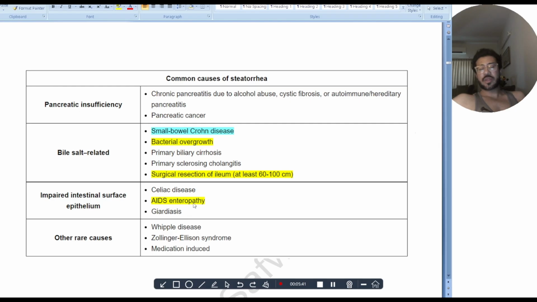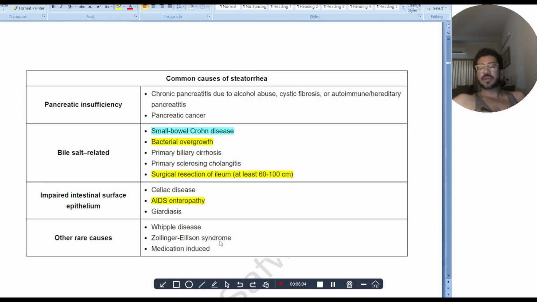So AIDS enteropathy is also one of the reasons, but giardiasis and celiac, these are the high yield ones. Other than that we have Whipple disease, which is caused by Tropheryma whipplei, which is a bacillus, and as it infiltrates the intestinal epithelium, it causes dysfunction, and that results in improper absorption.